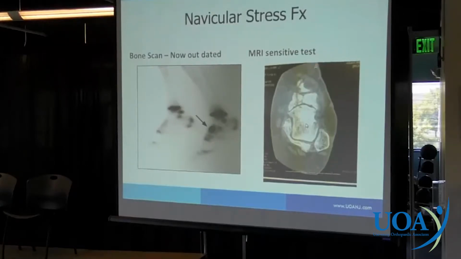This MRI study on the right was a young lady that I saw just last week, actually in follow-up. She was a Division I mid-distance runner that was going to run only winter and spring. When she got to college, the coach says, "What you need to do is run cross-country because you got to be in shape." So she started running cross-country, and by the end of September, started having foot pain.